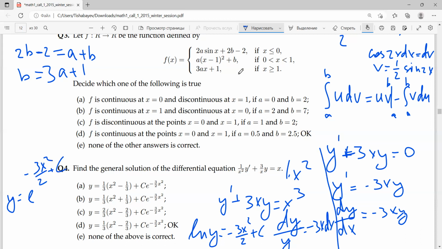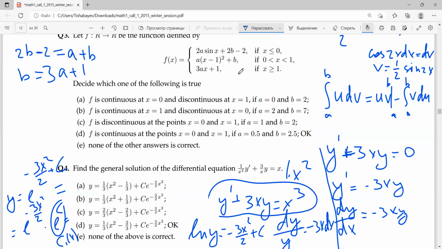Considering this constant, we can write e to the power of minus 3x squared over 2 multiplied by e to the power of c, which is again another constant. So we define it as c1, and c1 of x we will put into the given equation with the right side, the non-homogeneous one.